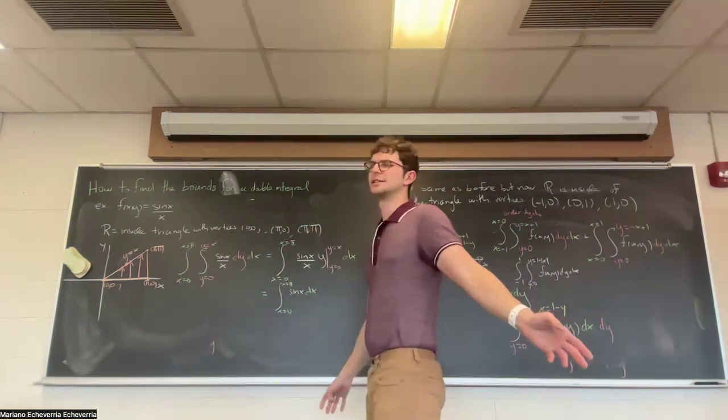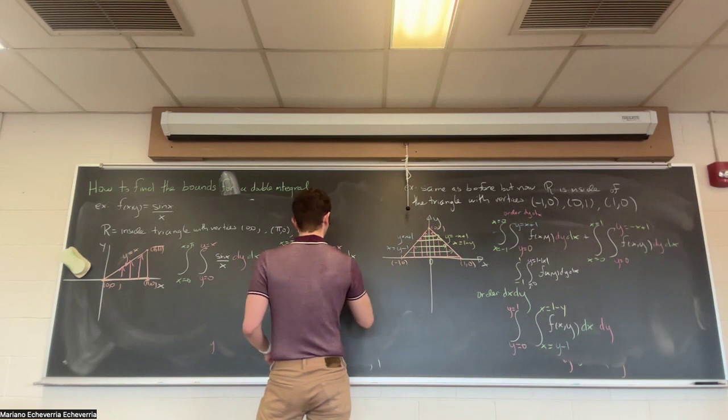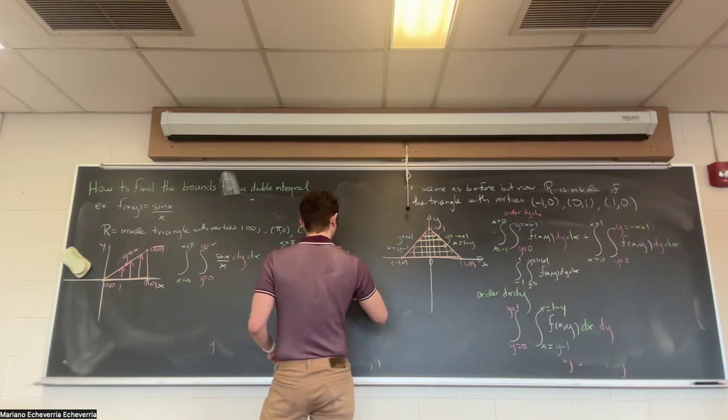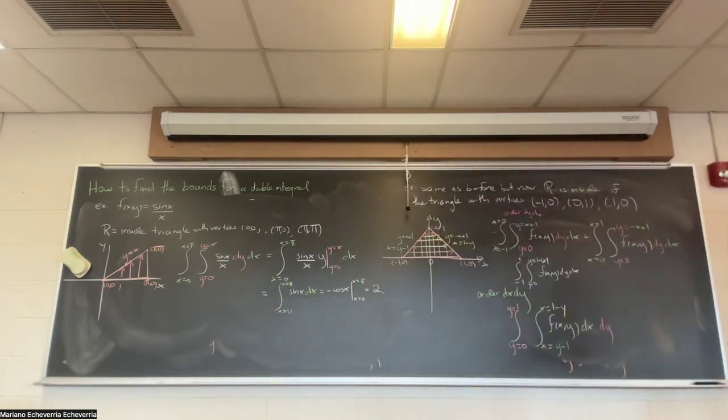Okay, and that's an easy integral, right? That's negative cosine of x from x equals 0 to x equals pi, and that should give you 2. So that is what the double integral is supposed to give you. You should just get 2.